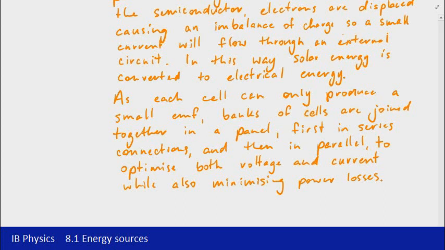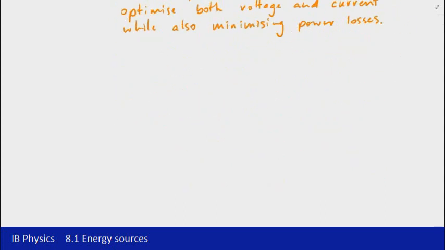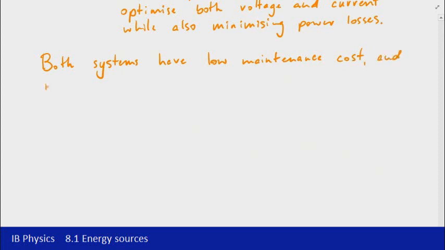If we consider both of these, there are some benefits that both systems provide. The first is that they have low maintenance costs. Once they're installed, they're generally pretty straightforward to run, and don't usually need all that much maintenance. They also have no fuel costs, so we don't need to buy gas bottles or anything else in order to have these systems running.